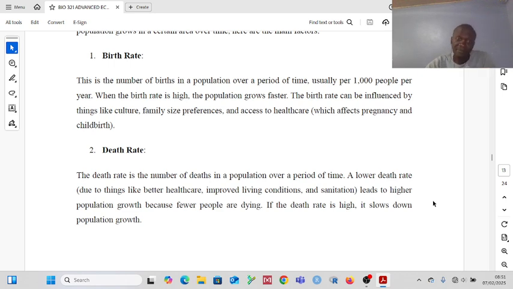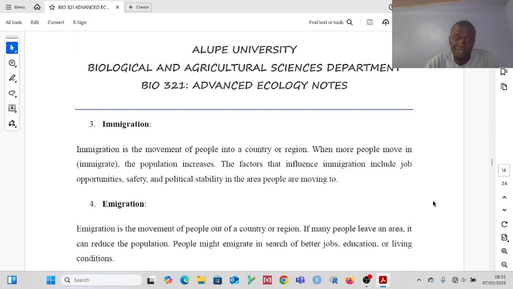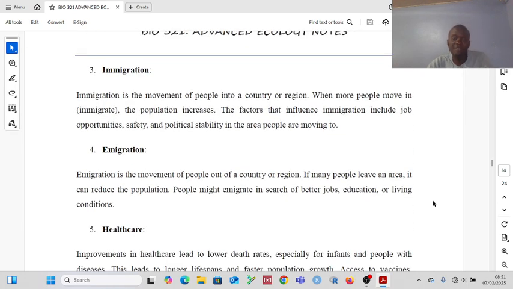The other factor which we saw was immigration. Immigration is the movement of people into a region. So when more people are moving into a region, that particular population will increase. There are several factors that will make this happen, like rural-urban migration.